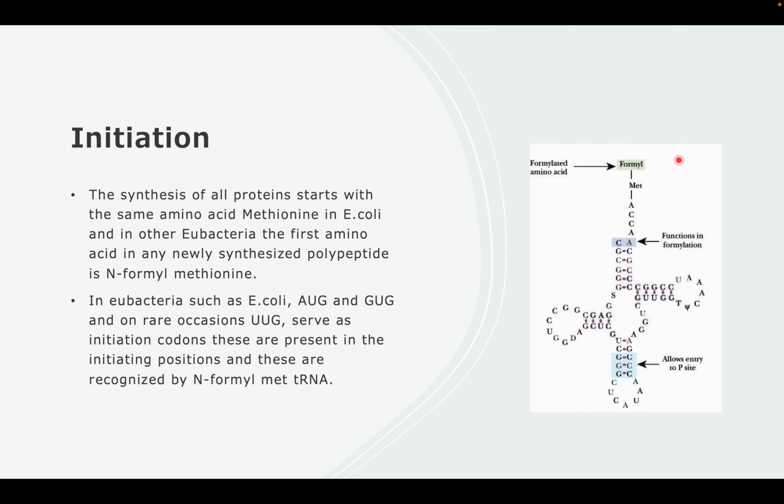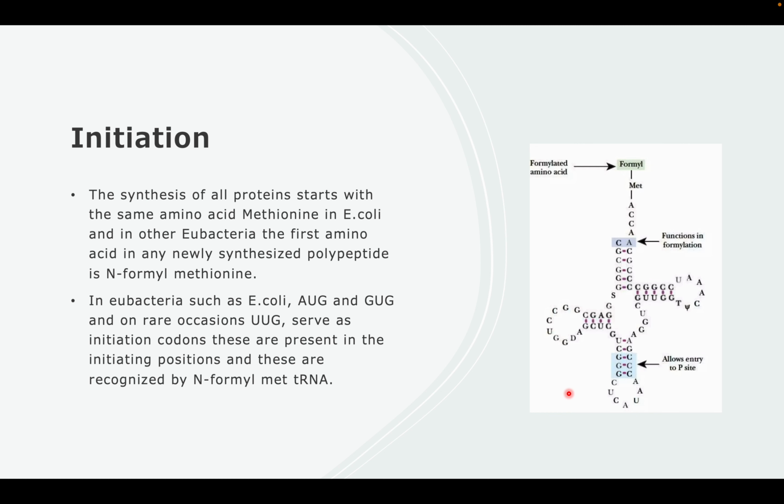So here you can see the formylated amino acid methionine. This is the initiator tRNA, because you will not find the formylated amino acid just anywhere; this is the first amino acid which is recruited. The important difference between the initiator tRNA and other tRNAs is this CA, which does not form the bond, and this functions in the formylation.